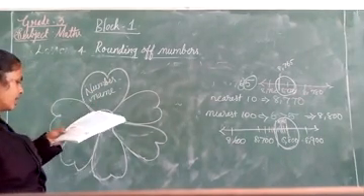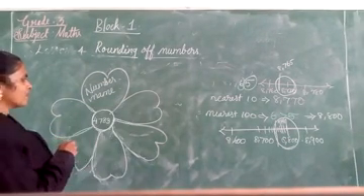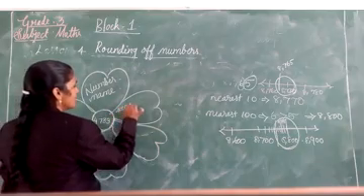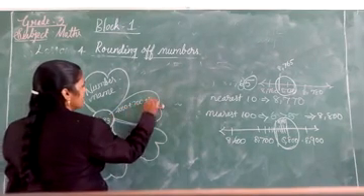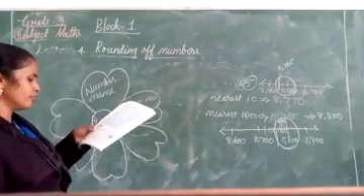That one you should write. The next one, the second petal, we have to write the expanded form. Expanded form is 4000 plus 700 plus 80 plus 3. You should write that expanded form.